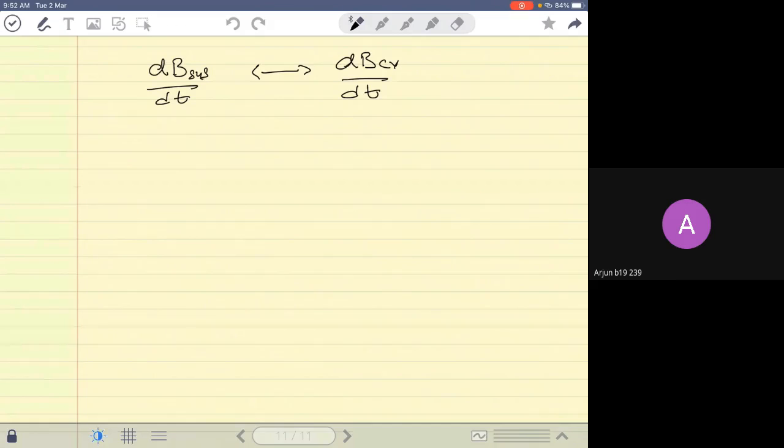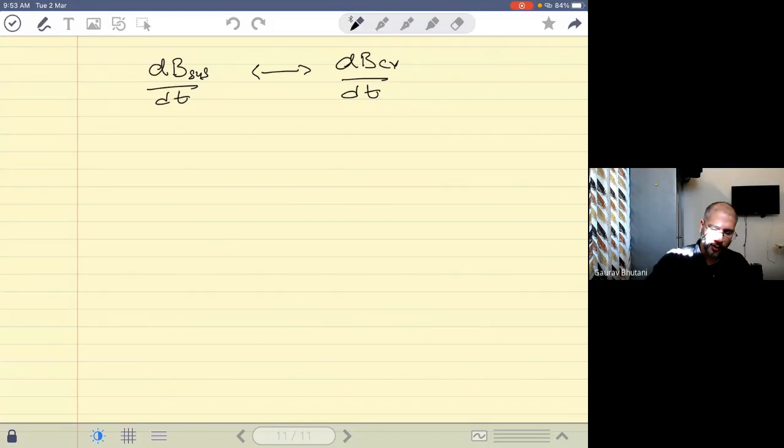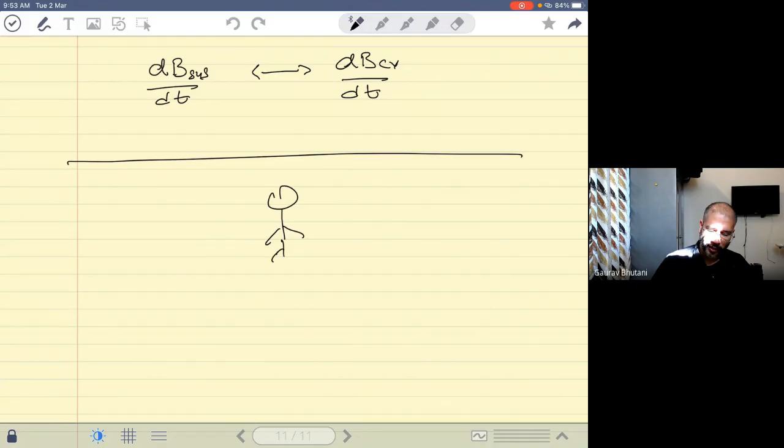Sir, can you explain that question about there being an error in the reading of the weighing machine again? Right. Okay, so somebody is standing on a weighing scale, and the weighing scale says you are 60 kgs. Okay, so what the weighing scale is measuring is a net downward force, or the net force you're applying on the weighing scale.